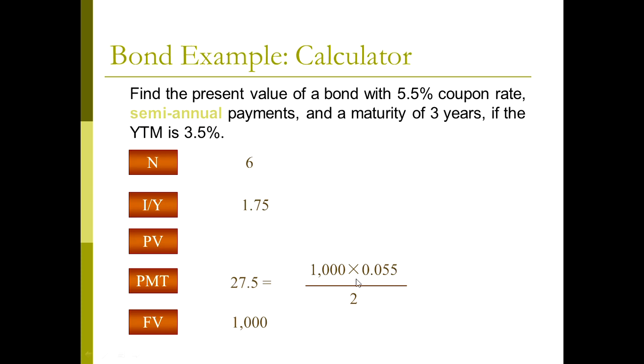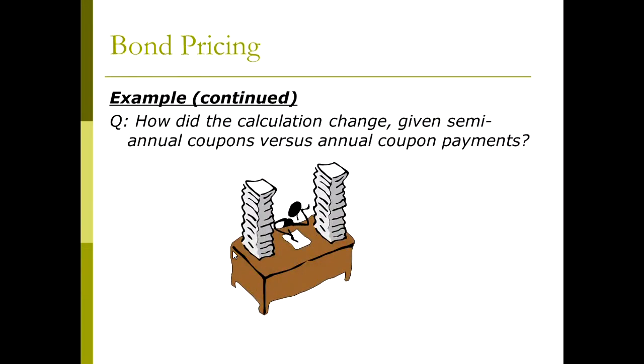Instead of $55 each year, now you are only getting half of it, $27.5 every 6 months. Okay, future value or the face value is $1,000. Then you compute 1056.49, which is exactly the same number as we calculated in the previous slides. Negative sign means that is a payment, cash outflow.